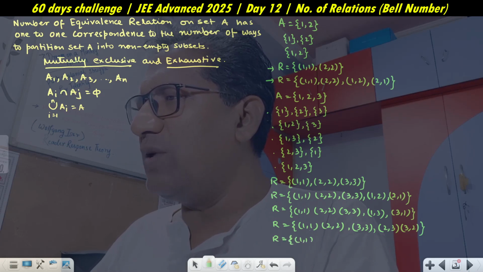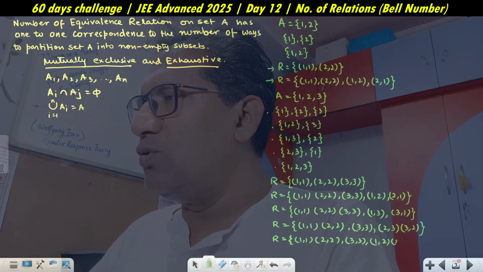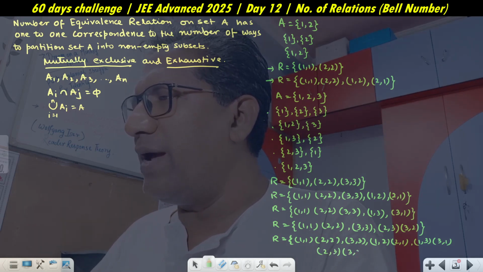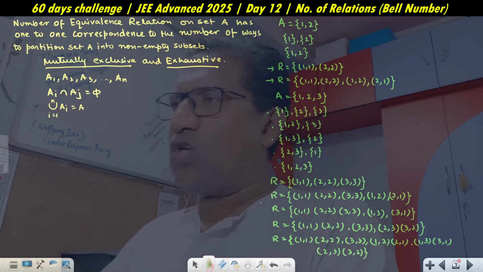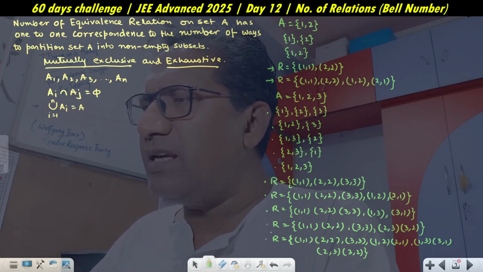The equivalence relation can be like this also. It is (1,2), (2,1), (1,3), (3,1), then (2,3), (3,2), right? That's it. So the maximum number of equivalence relations that can be formed is 5.